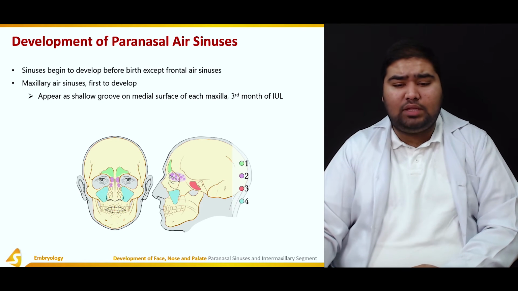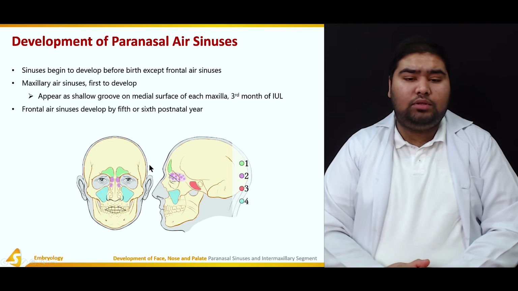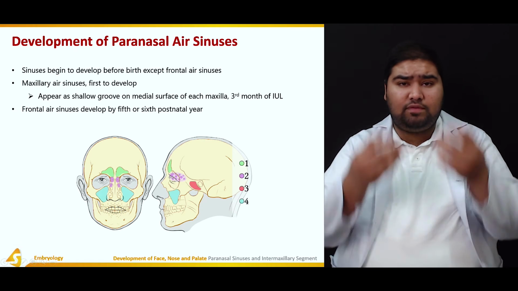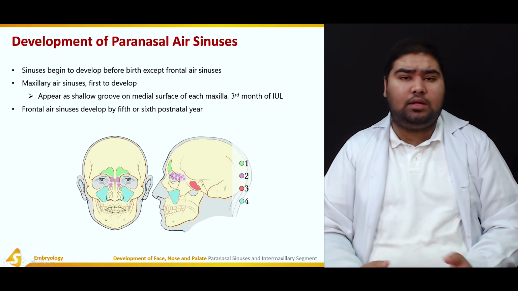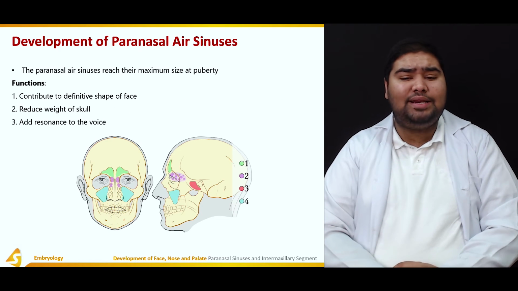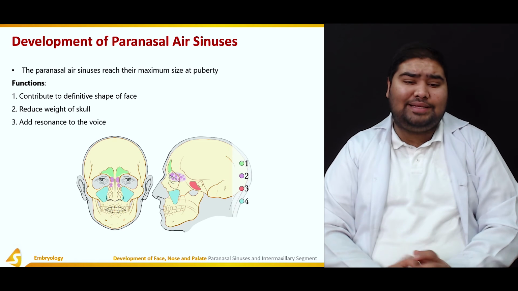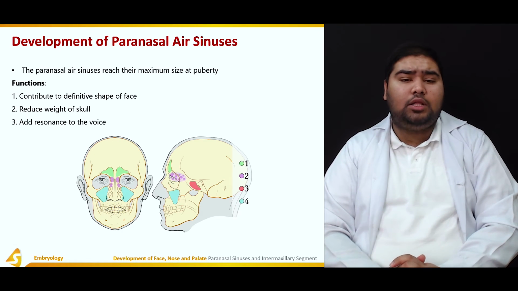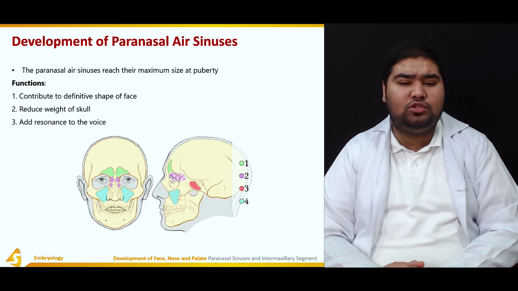These in blue are the maxillary air sinuses. The frontal air sinuses develop by the time the child gets to an age of 5 or 6 years. The paranasal sinuses reach their maximum size at puberty, as a result of which they contribute to the definitive shape of the face. They also help in reducing the weight of the skull, and they add resonance to the voice.